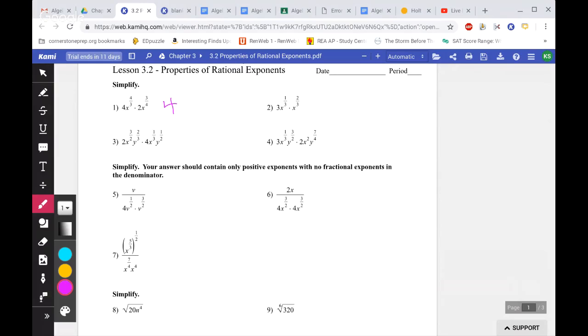So you've got your 4 times 2, which is going to be 8. And then you've got x raised to the 4/3 times x raised to the 3/4. So you're going to get a common denominator.